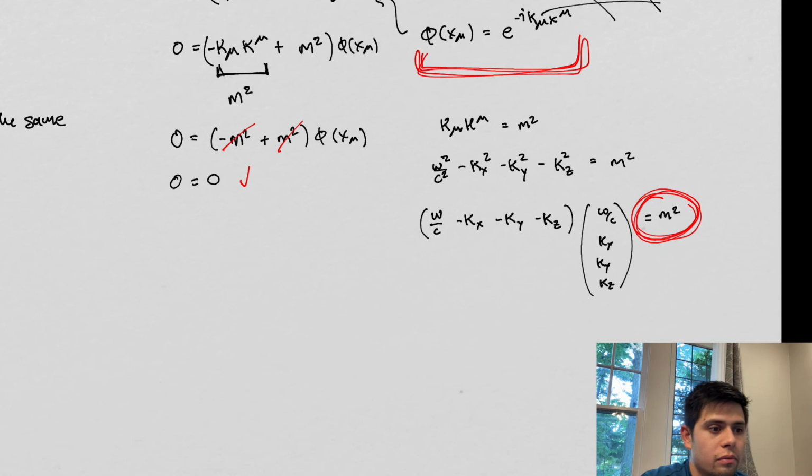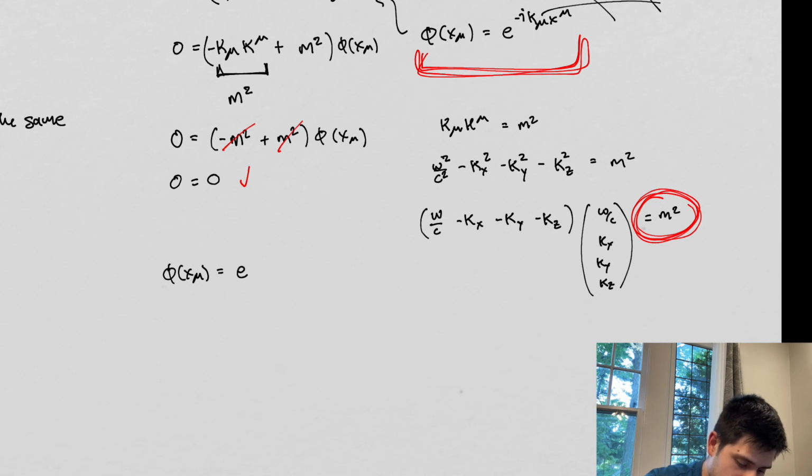We want to recall one more thing here, or not really recall something, but since we've proposed that phi of x mu looks like this, well, what is this?